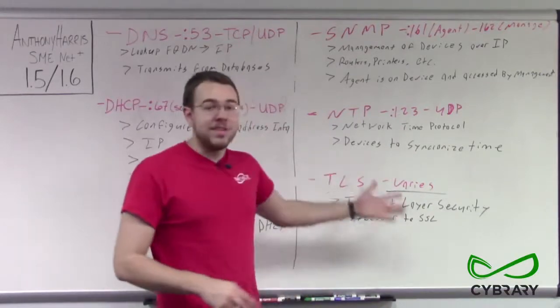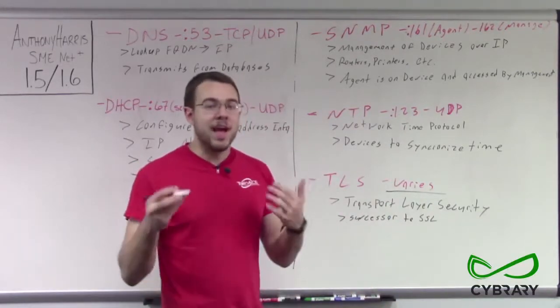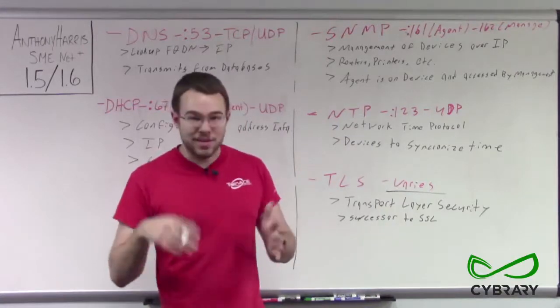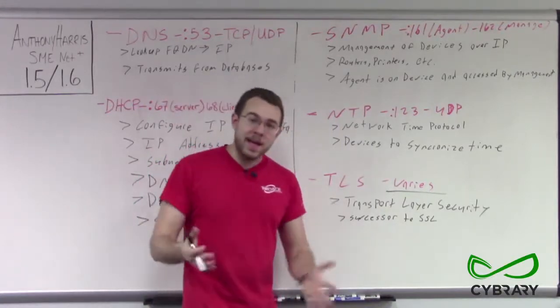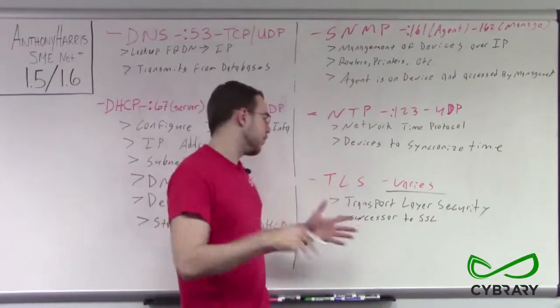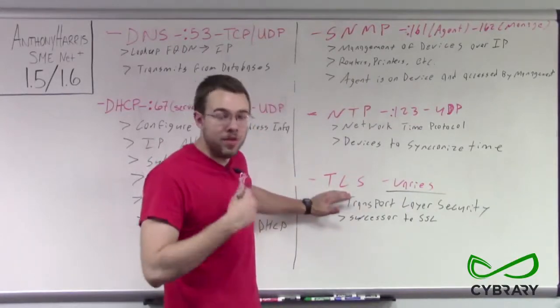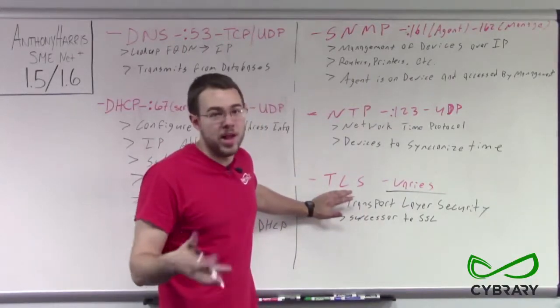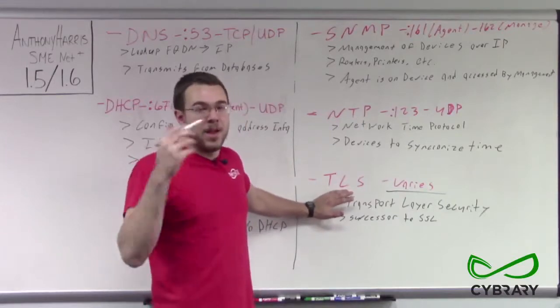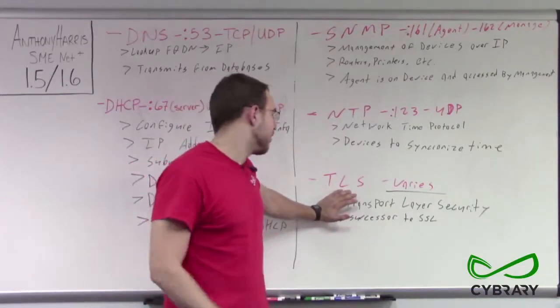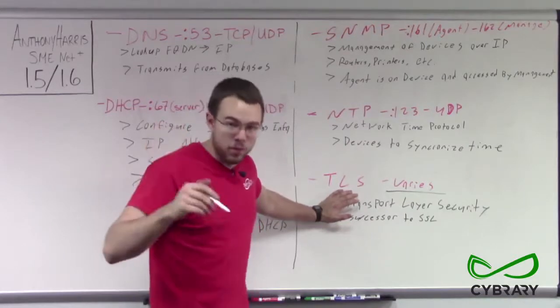So for example, HTTP. We need to have a secure version of that, and that's HTTPS. HTTPS is secure because we run it using TLS. It runs over TLS on port 443. So HTTPS, HTTP secure, which runs using TLS, is running over port 443.